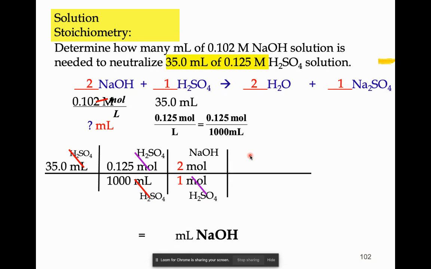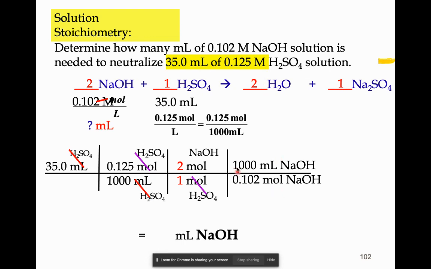After getting the moles of NaOH, we can now get the total volume of NaOH that will be reacting with the sulfuric acid solution. So we can cancel moles of NaOH to get mL NaOH.